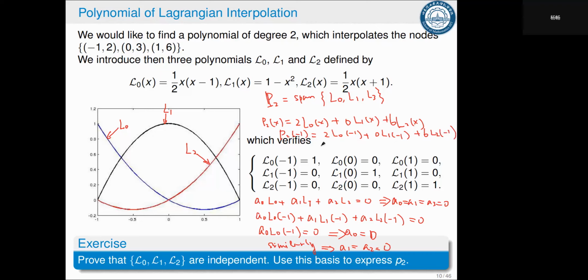So we get finally 2 times L0(-1), and this is equal to 1, so this is equal to 2.